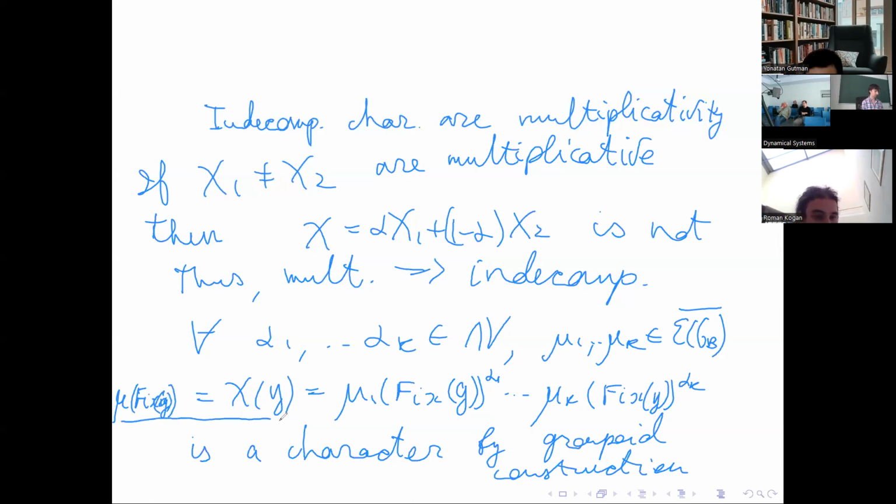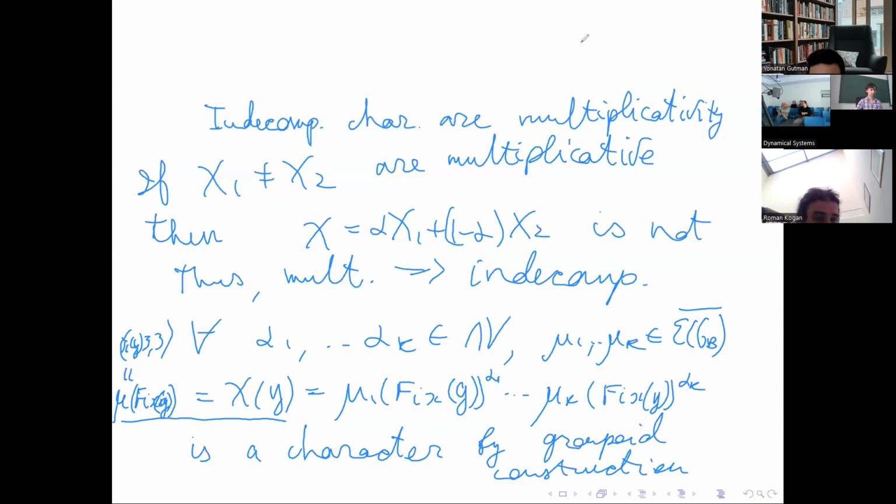And we saw at the beginning that this function is a character because we can realize it using the groupoid construction as a trace, this formula pi of g psi, for a certain unitary representation pi. This finishes the second part, and the third part, the description of characters on the group GB.